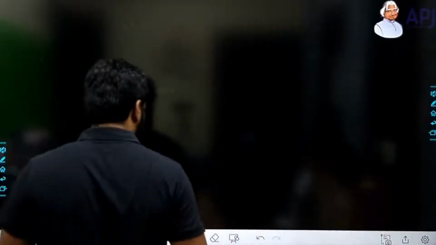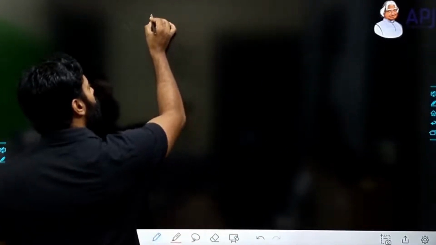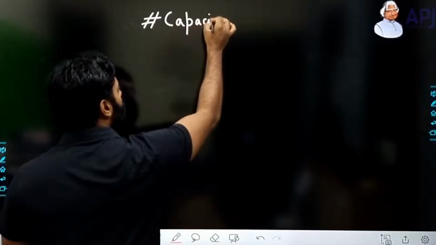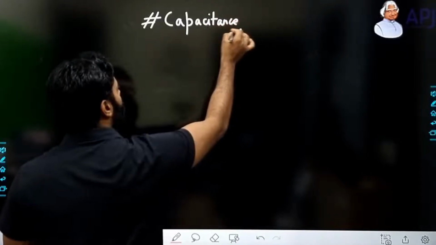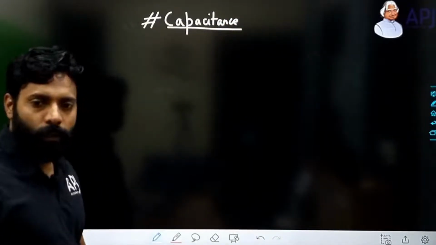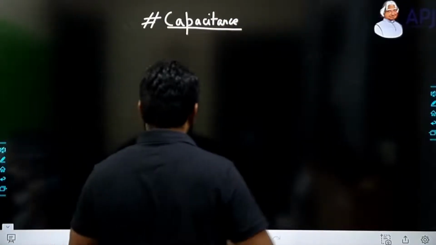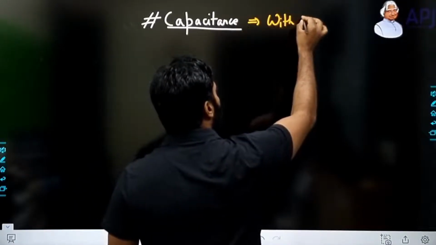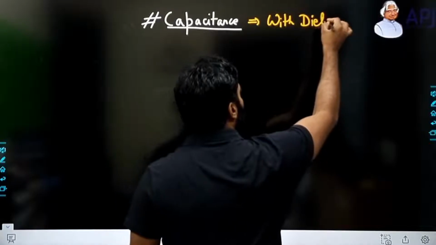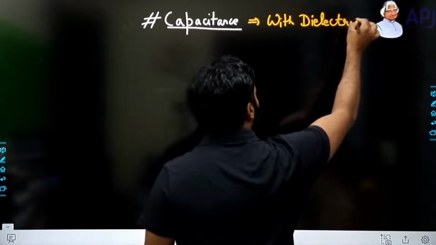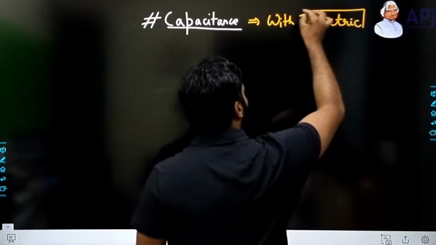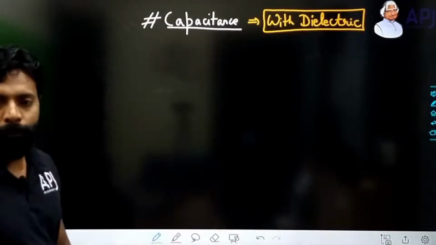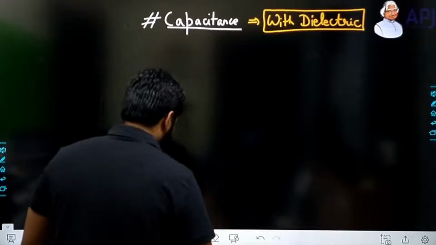So now we will be finding capacitance when there is a dielectric. So I am finding the capacitance with a dielectric.